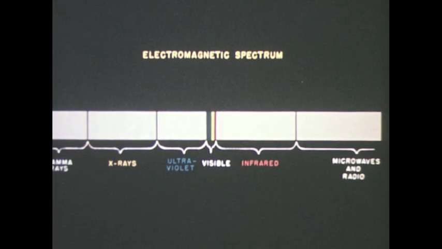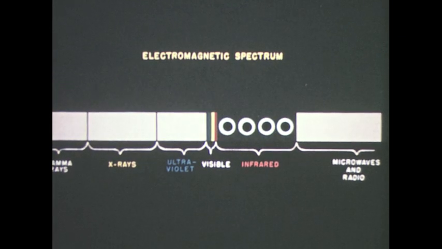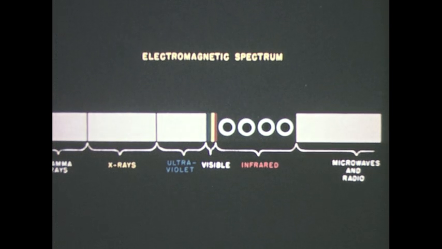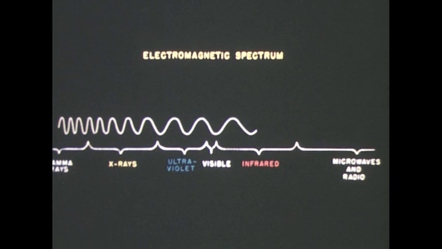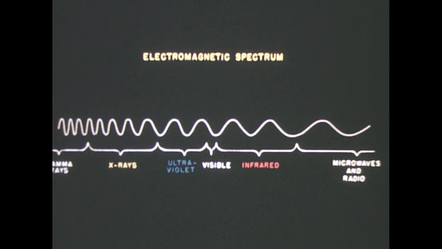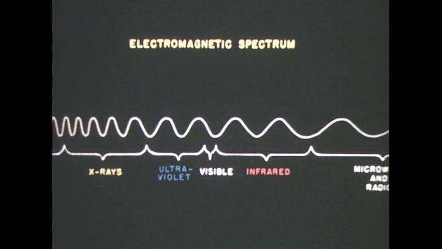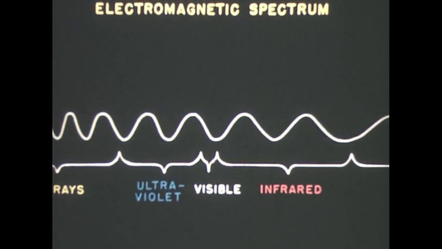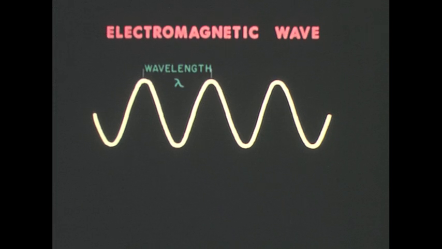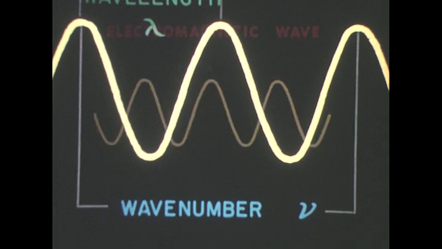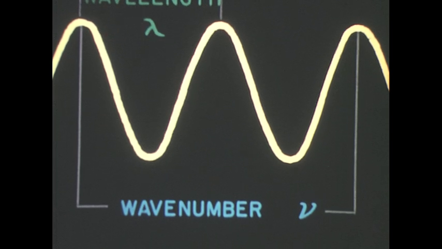First, we will consider the nature of infrared radiation and the place it occupies in the electromagnetic spectrum. The electromagnetic spectrum graphically depicts energy, which is propagated in wave fashion. Electromagnetic waves are often described in terms of wavelength lambda, or in terms of frequency nu, measured in wave numbers.